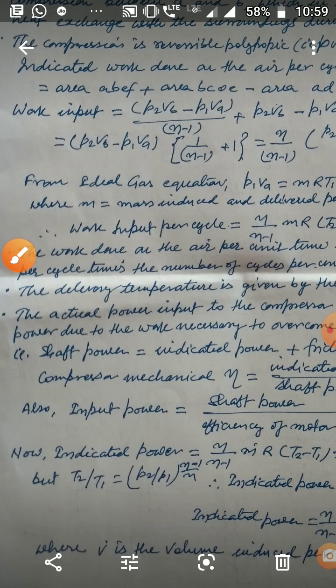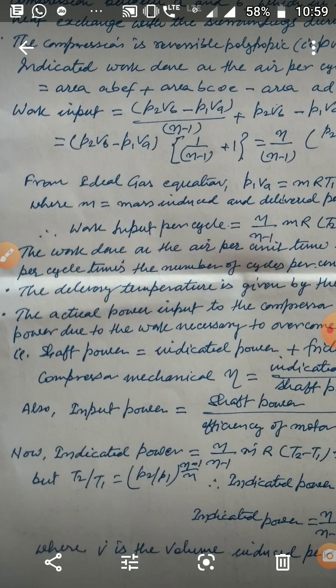Because the piston reciprocates inside the cylinder, friction occurs between the outside surface of the piston and the inside surface of the cylinder, and some power is needed to overcome that friction.